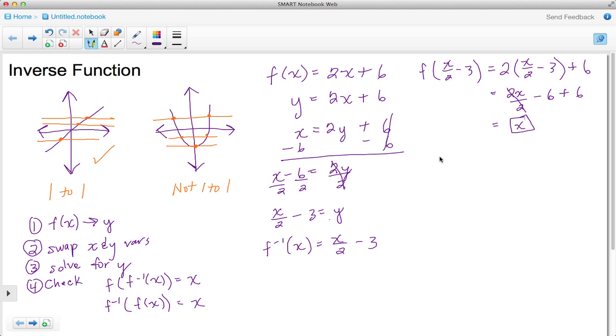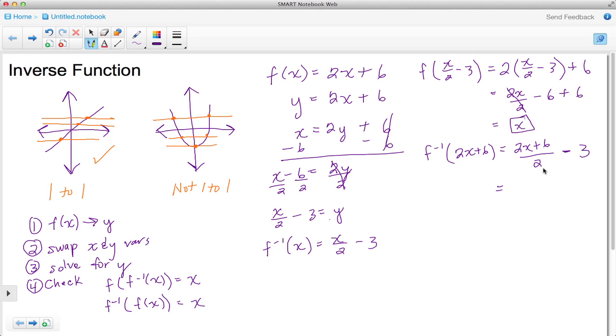Now I have to test it in the other direction, where I begin with my inverse, and now the input is going to be the original function, which is 2x plus 6. Now if I look at my inverse, I know that I have x divided by 2, but now x is replaced by 2x plus 6, where all that's divided by 2. And I continue by writing the negative 3 to finish off that inverse function. And again, I begin to simplify.